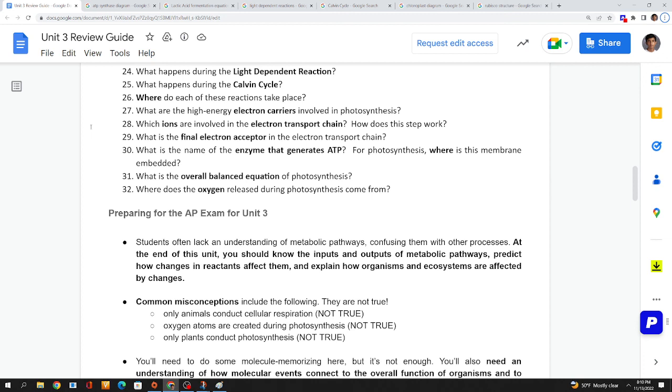Amino acids can be used as well. Amino acids, fatty lipids, and other sugars can be used in cellular respiration as a replacement for glucose. However, they eventually become, some way, somehow, pyruvate or acetyl-CoA. So they're just used as things called intermediates.